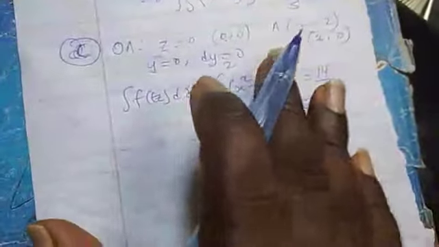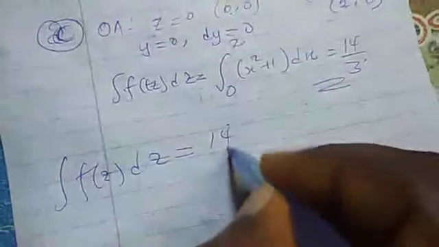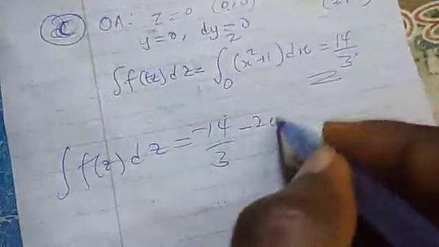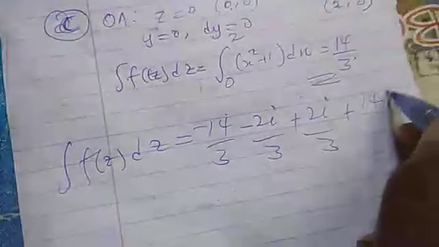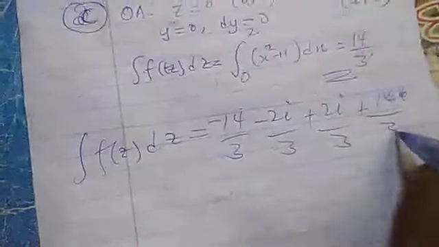So that's our answer. So if you now decide to add all these results together, the results in A, B, and C, this is our A, this is our B, this is our C, we can say that f of z dz would now be equal to minus 14 over 3 minus 2i over 3 plus 2i over 3 plus 14 over 3.